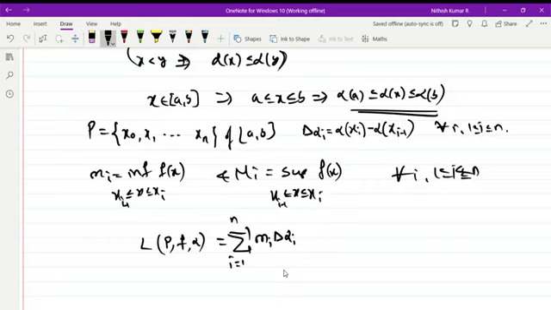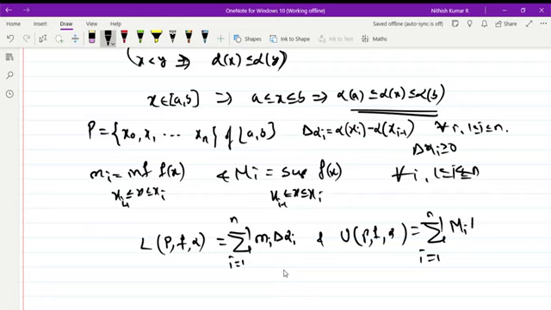Now if you observe, delta alpha i is always greater than or equal to 0, because your alpha is monotonically increasing. So let's move forward, and you write U P f comma alpha, which is the summation i equal to 1 to n of capital Mi delta alpha i.